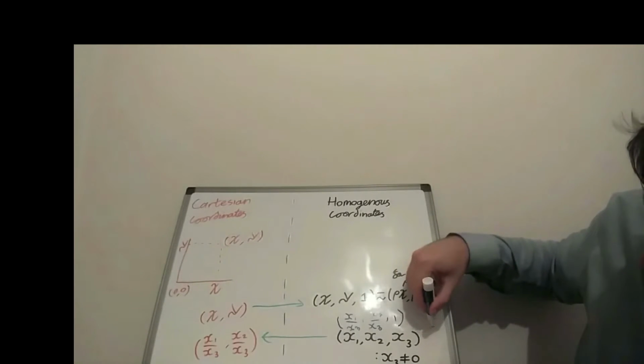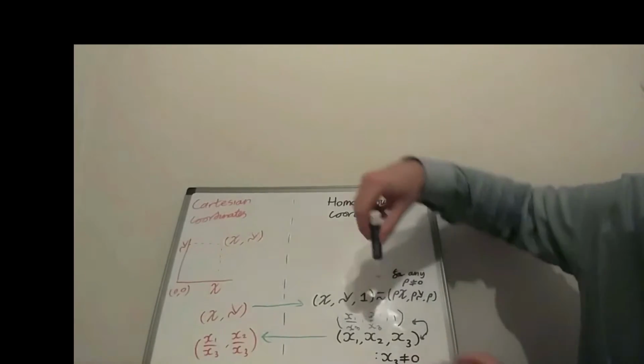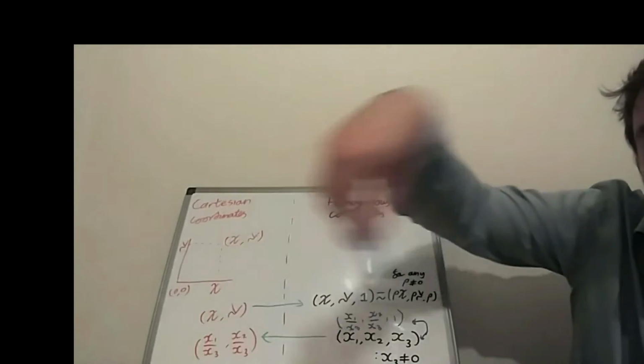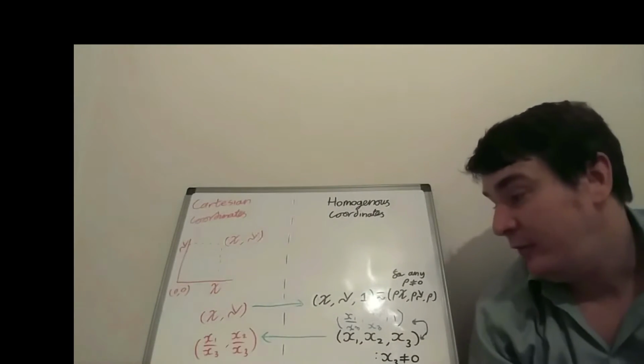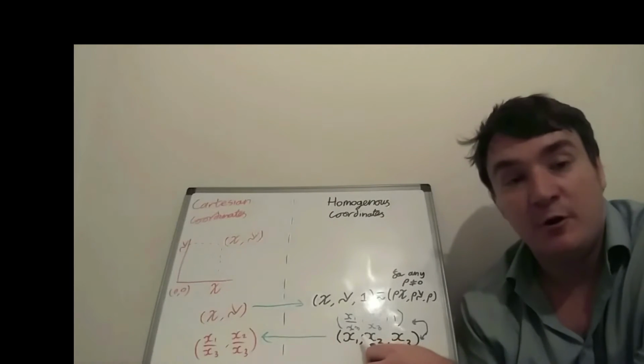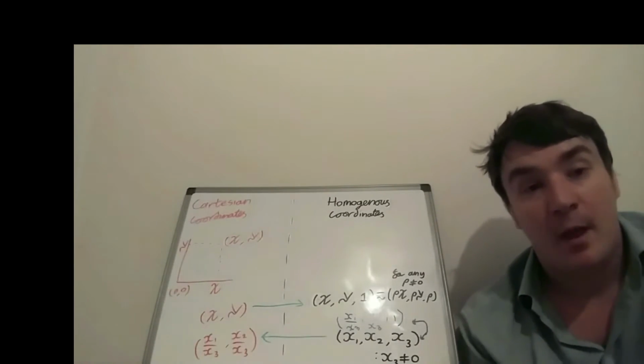Okay, so those two things there are equivalent. And then we can easily see from this relationship that we can go from here to here. And so this is a description of this point here in homogeneous coordinates written in Cartesian coordinates.